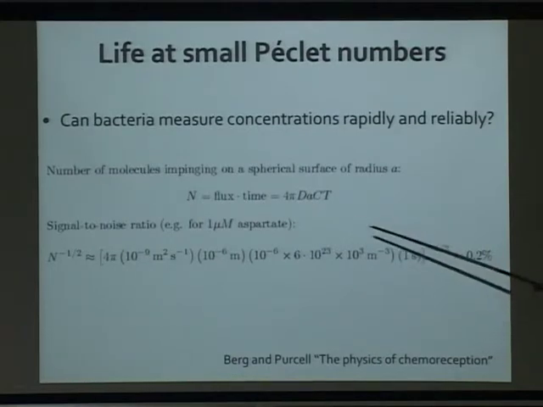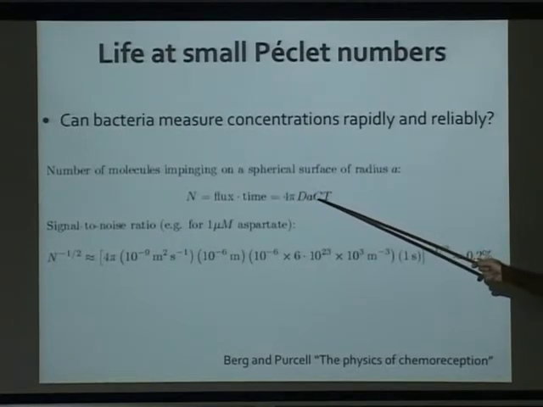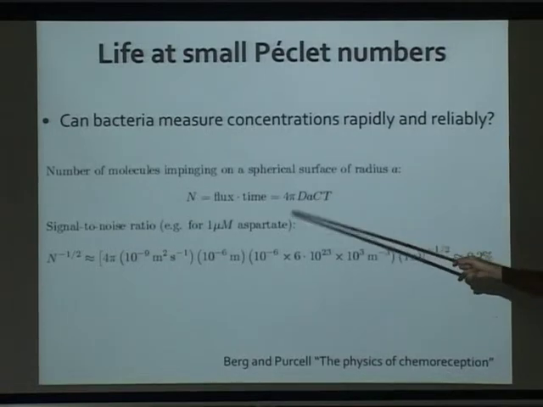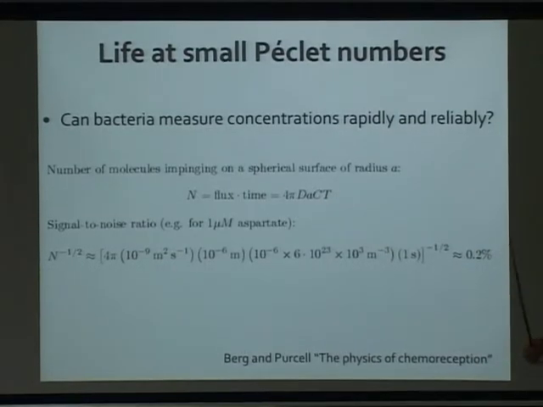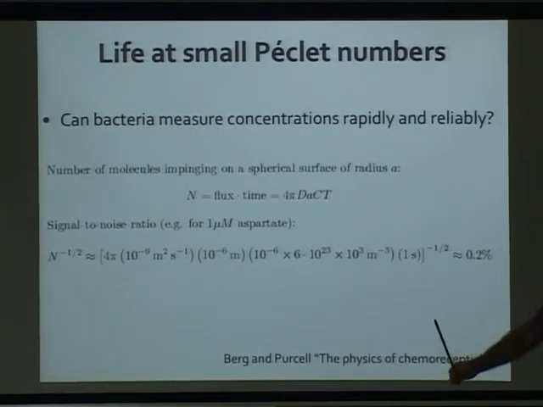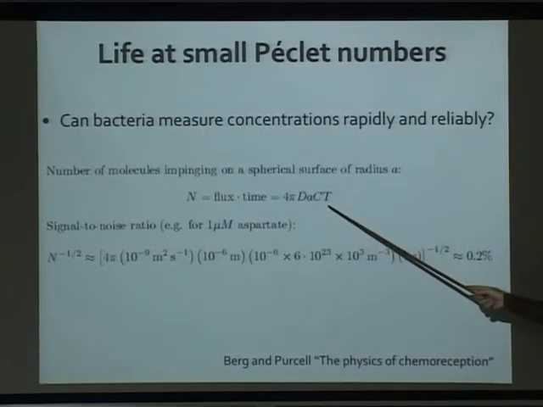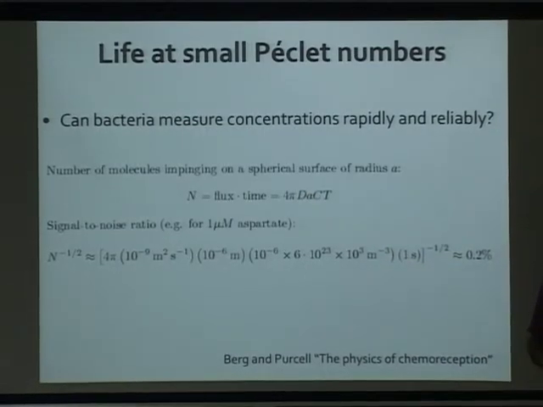So the flux, as we said, according to this formula, is 4 pi D, the diffusion coefficient, times size, times concentration. So the total number of molecules that will hit the surface in a given allotted time, capital T, is just flux times time. How can we estimate the error that we make in measuring the number of molecules that hit the surface?